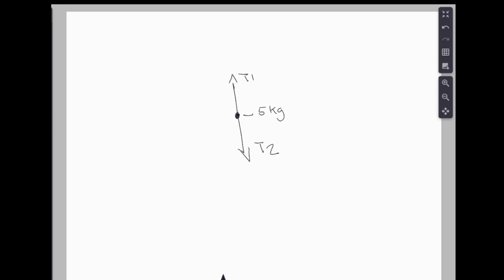Now T1 is equal to tension, then T2 is equal to tension. But remember, there is also weight here, so you need to call that weight or the gravitational force. If you have done this in this way, you should get your 3 marks.